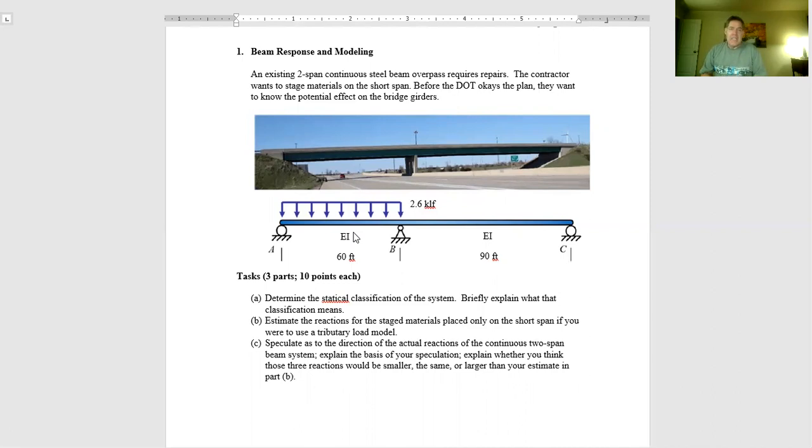However, the continuous nature there at point B means that the span BC wants to rotate in a counterclockwise fashion. It can't do that though because the support over at C is anchoring it or holding it down. So therefore, the reaction at C will be down, and that's going to mean that B is sort of a fulcrum, and it's going to get bigger, whereas A is going to get a little bit less.